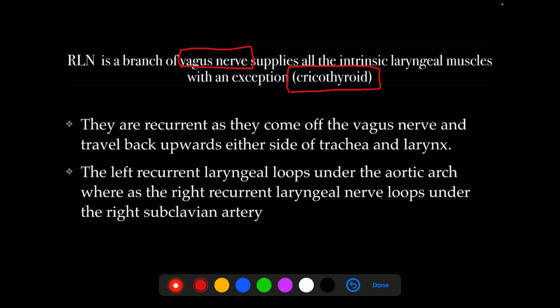The recurrent laryngeal nerve comes from the vagus nerve and travels back upward on either side of the trachea and larynx. This point you have to memorize, and just for information, remember this also.